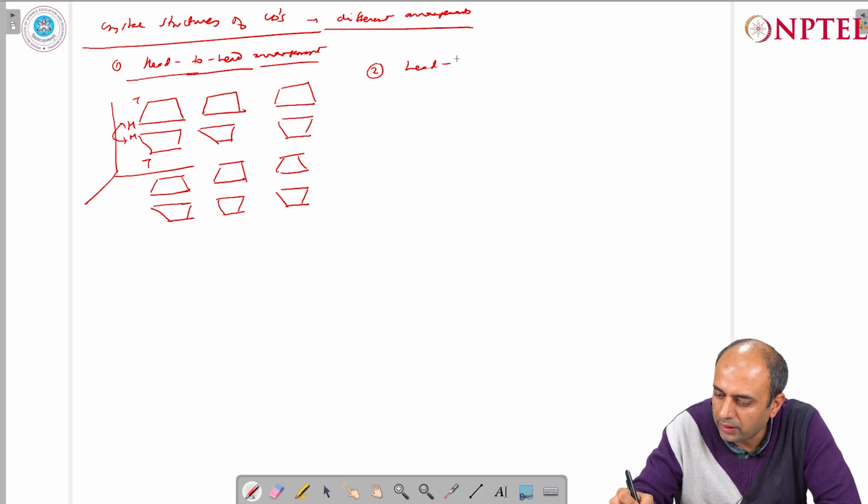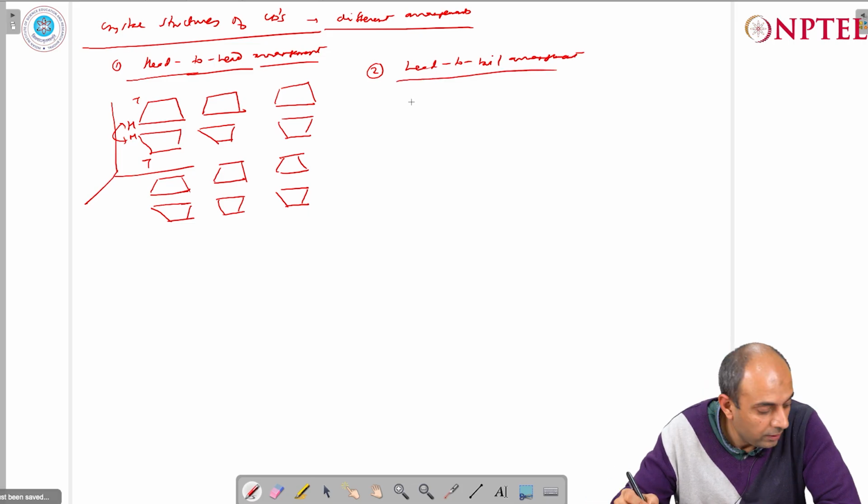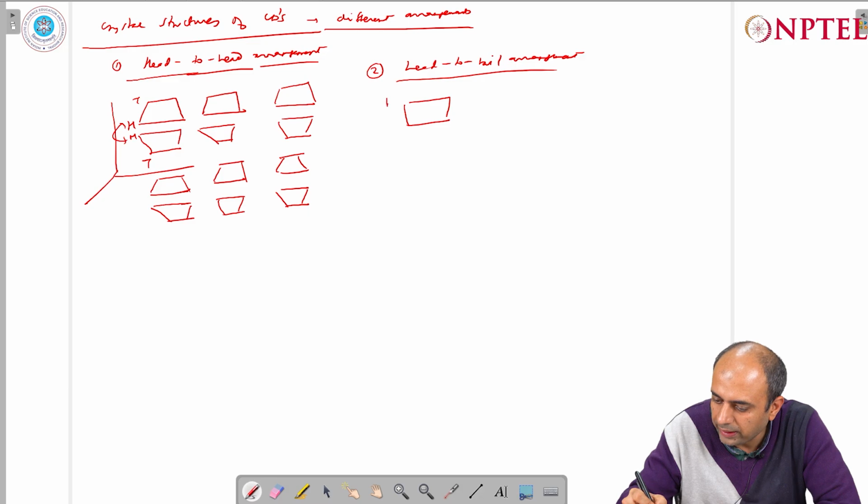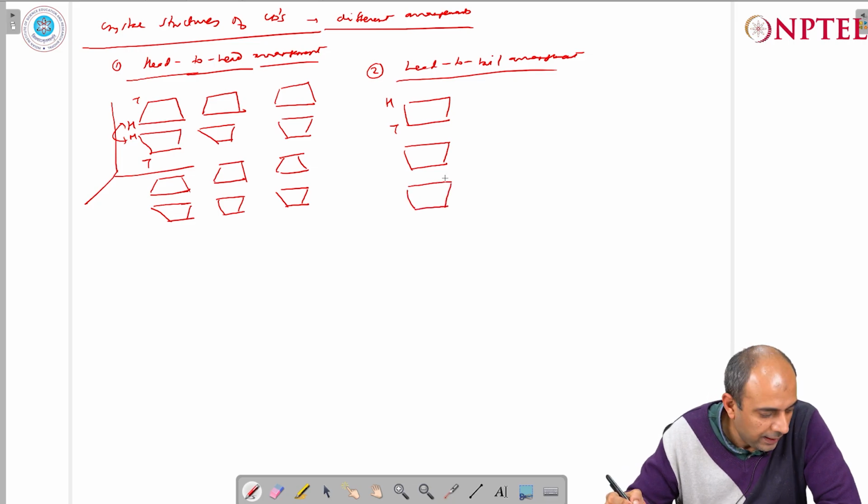We can have the head to tail arrangement, for example, in this way. This is the head, this is the tail. Now we again have the head and the tail. Then we again have the head, we have the tail.